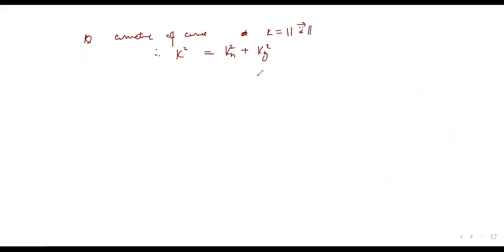So this is how we resolve the curvature of a curve on a surface: we take its component along the normal direction and along N cross alpha dot.